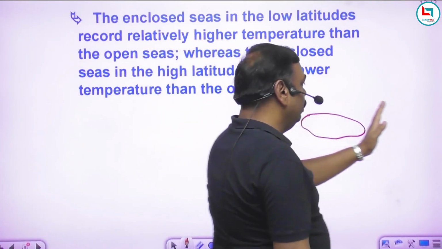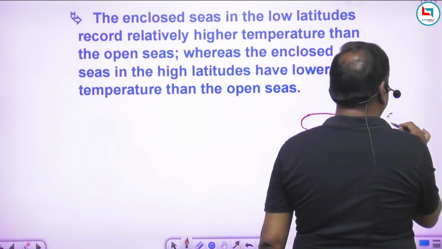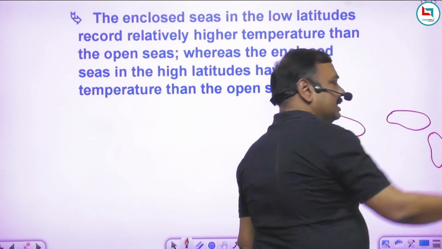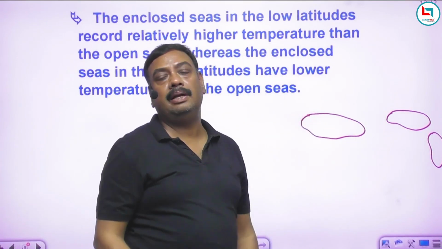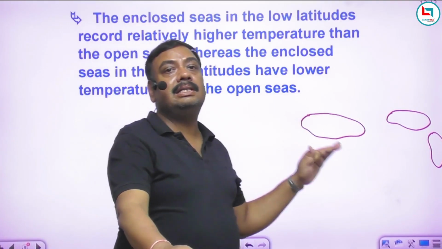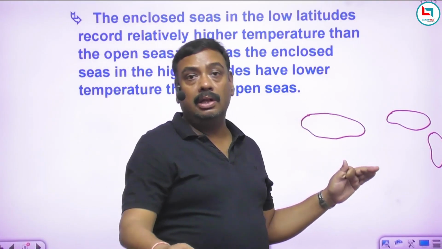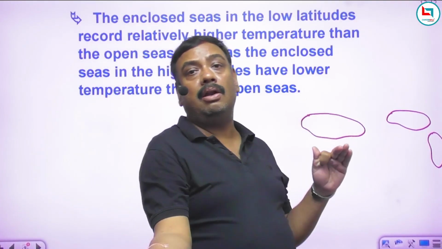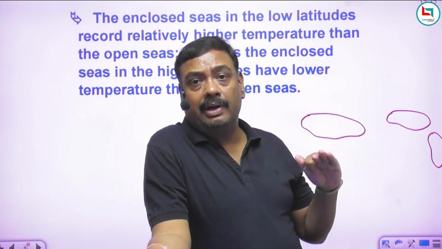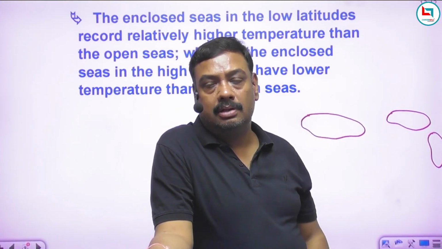And towards the eastern side we have the Black Sea and the Caspian Sea. All these seas are to the east of the Mediterranean Sea. Not only this, in the low latitudinal region you can also consider the Persian Gulf and the Red Sea. See all these seas and Gulf areas in your atlas.